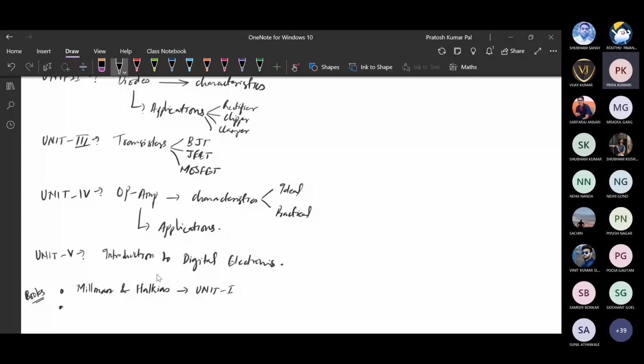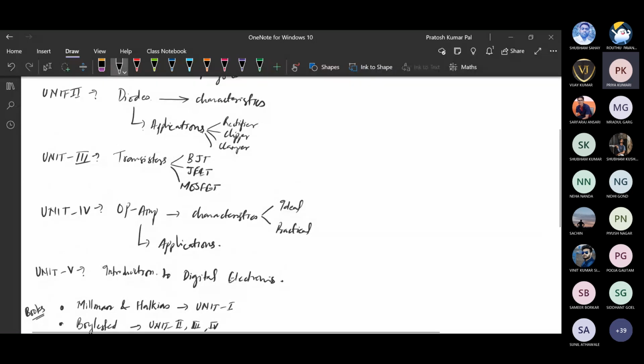For the next, all the contents we can see in the Bolsted book. So units second, third, and fourth will be from the Bolsted book, and the fifth unit will be from Morris Mano. So this is your course content, and we will follow this structure.